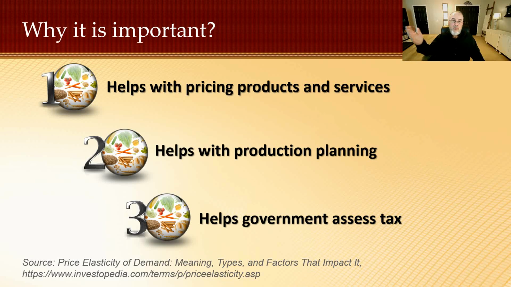So if they were to tax pizza, a 25% tax on all pizza, people are going to switch. So they wouldn't be able to get much tax revenue from that. Taxes on something like gasoline, where people are going to need that and want that no matter what, that's the smarter play in terms of taxing. So these are all practical applications of price elasticity of demand.